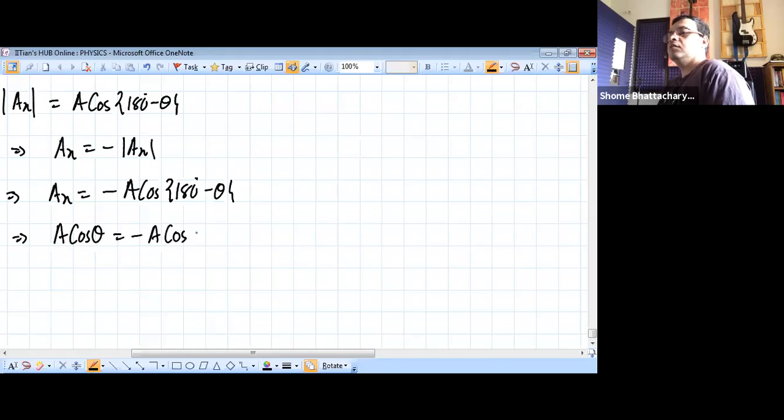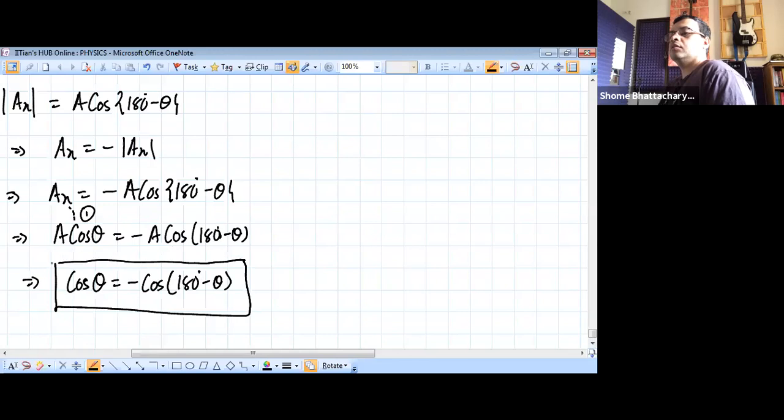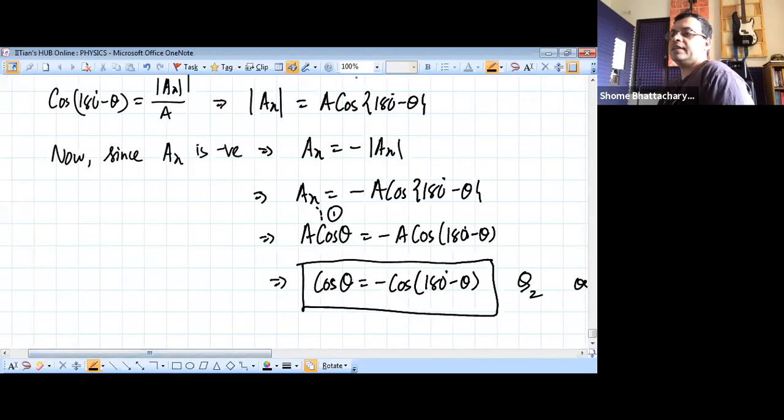Minus E cos of 180 minus theta. So this is coming from equation 1. Okay. So therefore you are seeing that cos theta becomes minus of cos 180 minus theta. This becomes one important formula for your second quadrant. Quadrant 2, or when theta is between 90 degrees and 180 degrees. जो आपने ट्रिगोमेट्री में सीखा ये फॉर्मूला, उसका वेक्टर अलजेब्रा से डेरिवेशन ऐसे होता है.